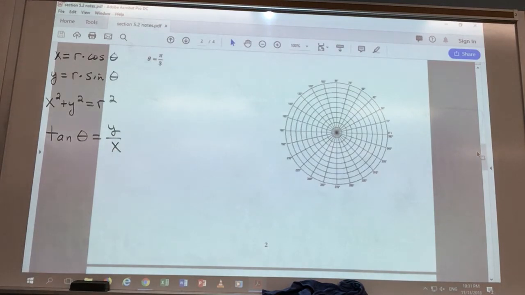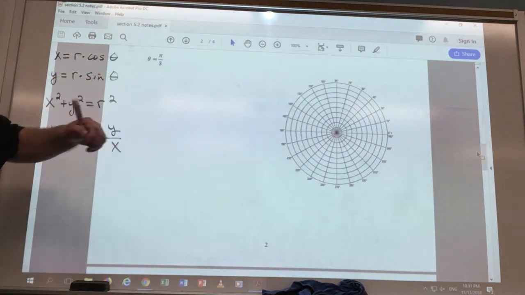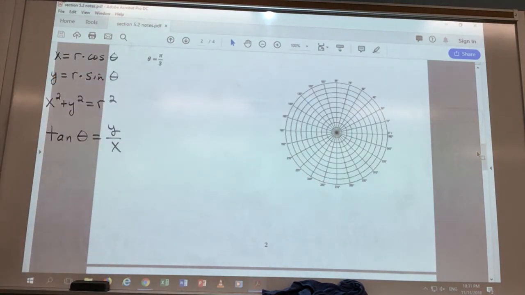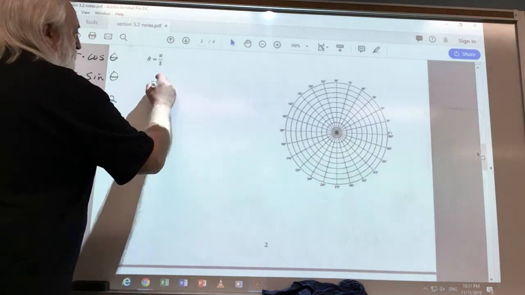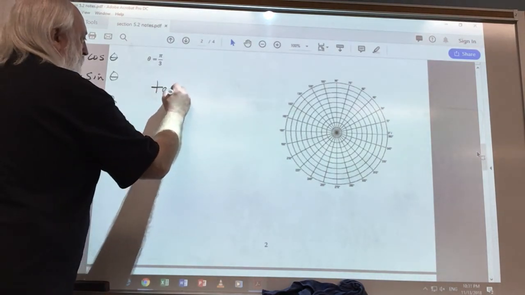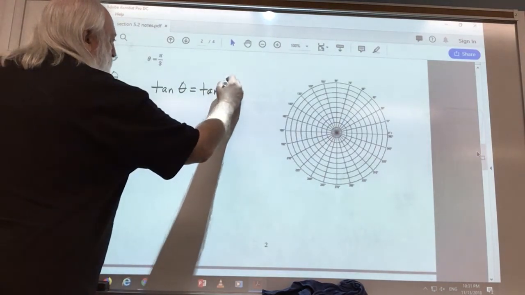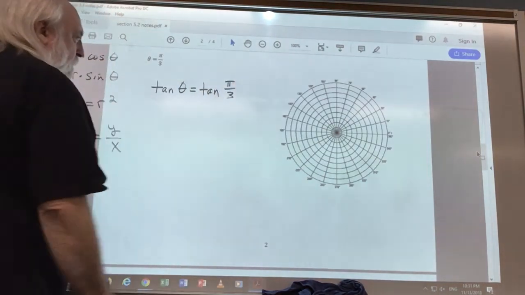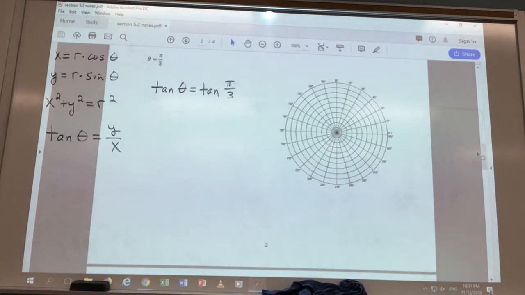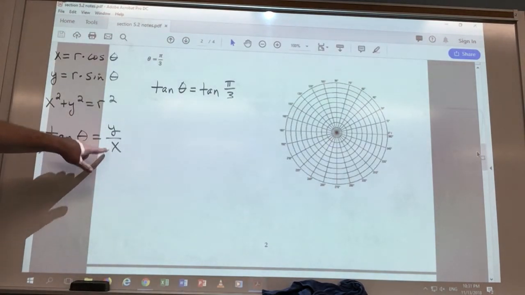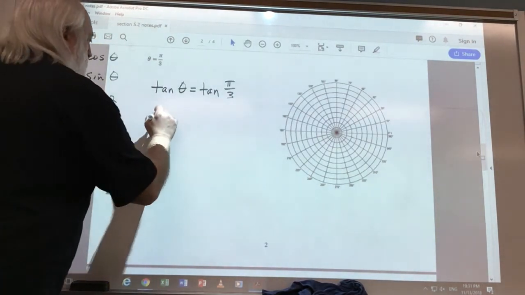Okay. So this is our polar equation, theta is equal to pi over 3, right? So the angle theta is equal to the angle pi over 3 radians. So that means the tangent of the angle theta has to equal the tangent of the angle pi over 3 radians. Well, tangent theta is equal to y over x.